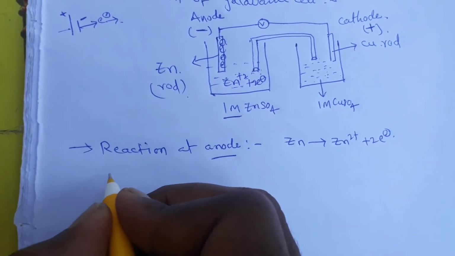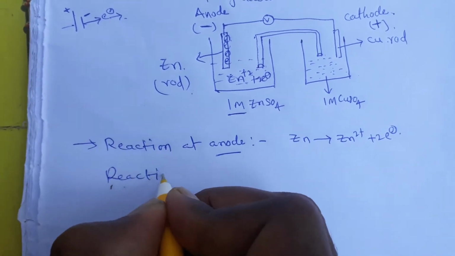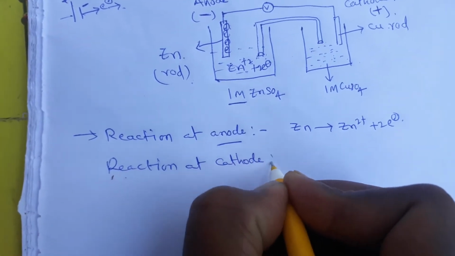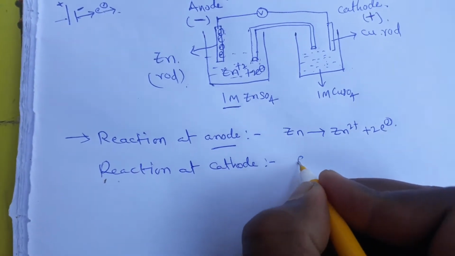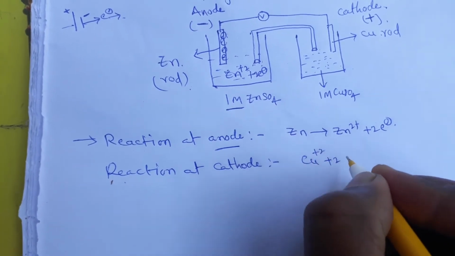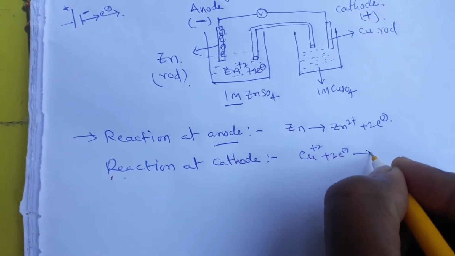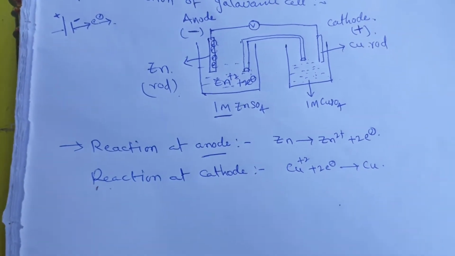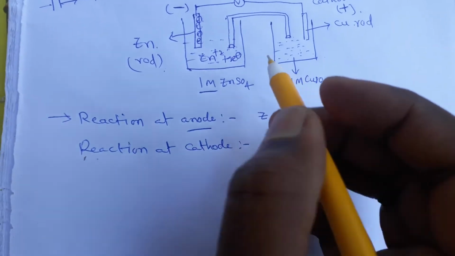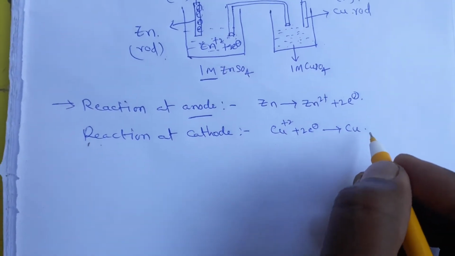Next, the reaction at the cathode. Copper 2+ plus 2 electrons is going to be copper. So here copper 2+ accepts electrons and becomes copper.